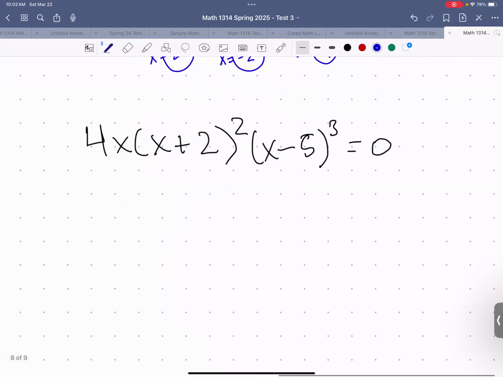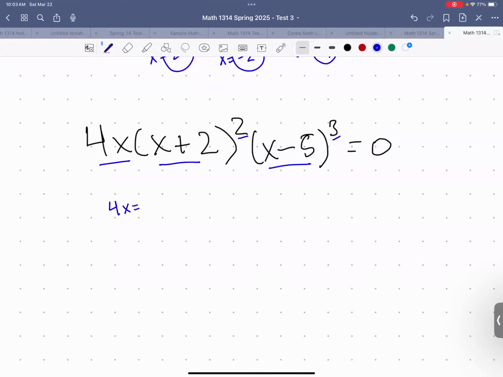Here, this one is already factored. Some of the factors have these exponents attached to them on the outside of the parentheses. That doesn't change the fact that inside of the parentheses, what I have is a linear quantity. So I can ignore these for right now and just focus on the factors that I've been given to solve this equation. Do not recombine them. That doesn't help us solve.